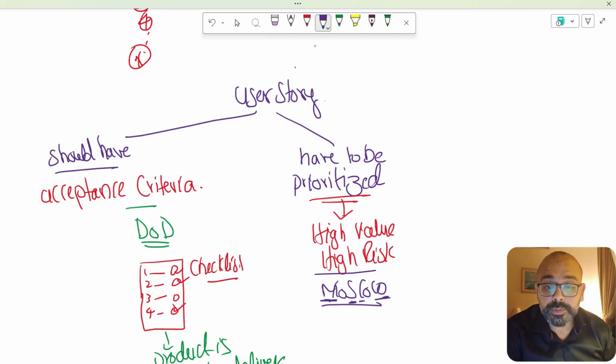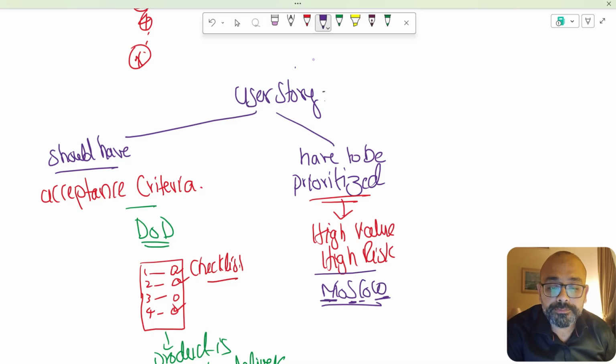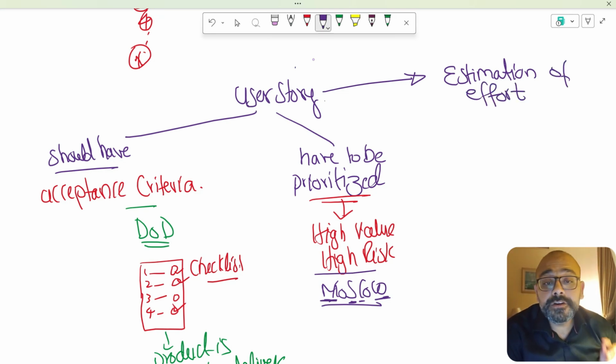Another important point that your user story must be having is the idea of estimation. Every user story must be estimated. That how much estimation, how much effort is required to complete the work, right?